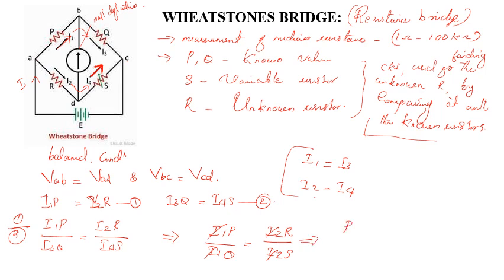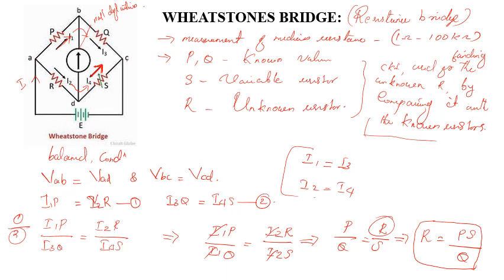So we will get P by Q, which is equal to R by S. We have to find the value of unknown resistance, which is R. So I can write R is equal to PS divided by Q. This will be the final expression to find the value of unknown resistor R, by comparing it with the known values of resistance. So this is the basic construction, working and the derivation for finding the unknown resistance of the circuit.